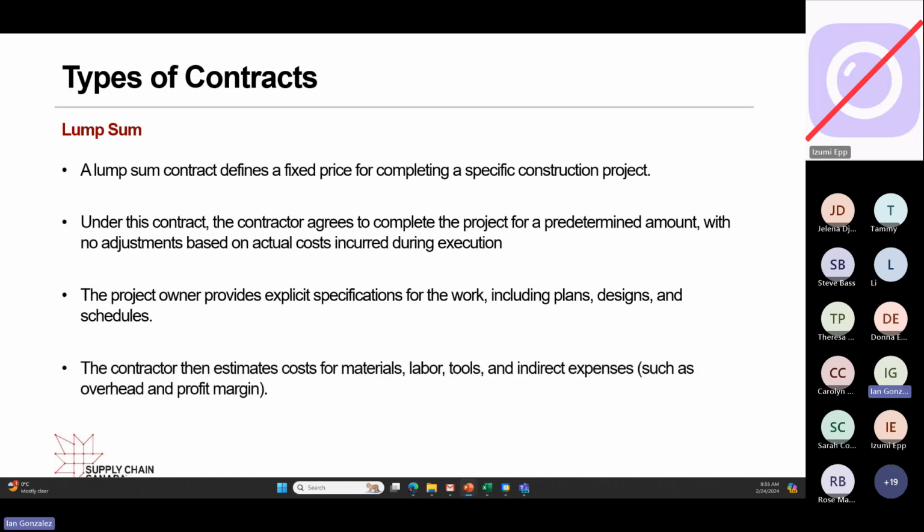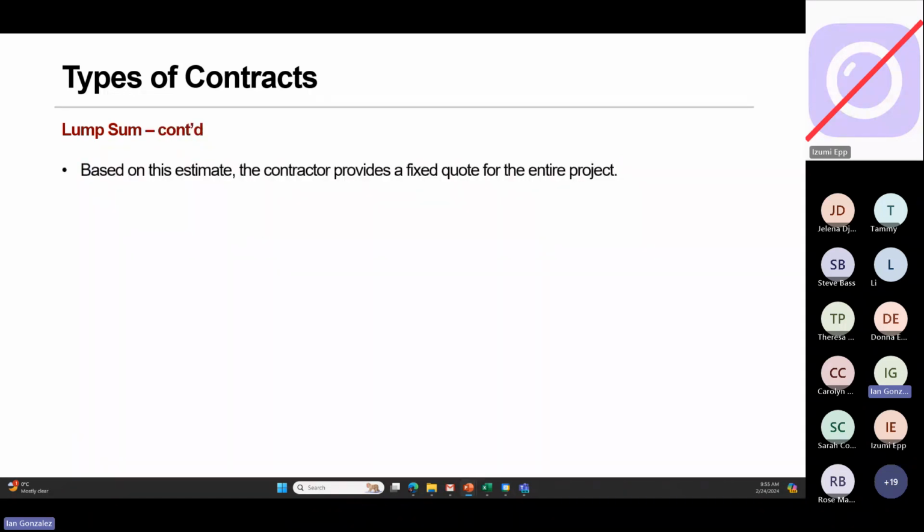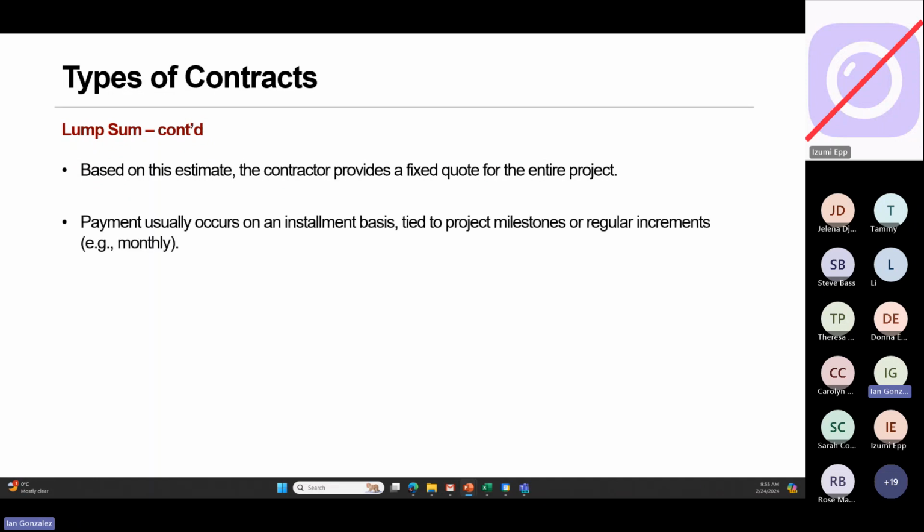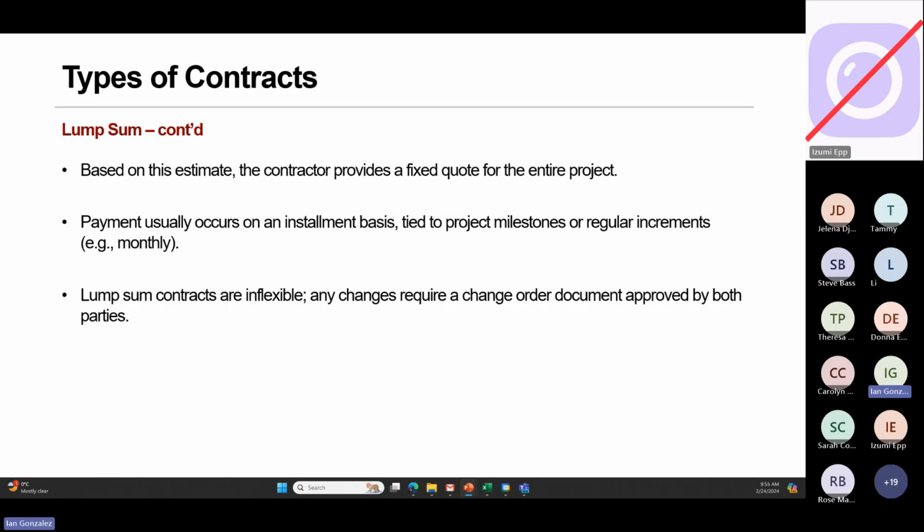The contractor then estimates costs for material, labor, tools, and indirect expenses like overhead and profit margin. Based on the estimate, the contractor provides a fixed quote for the entire project, one big number to be paid at the end. Payment can be on an installment basis tied to project milestones or regular increments, but it's still a fixed number.